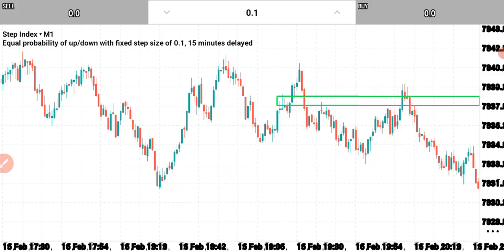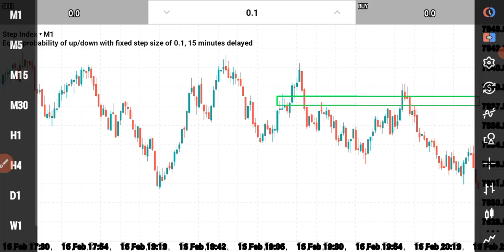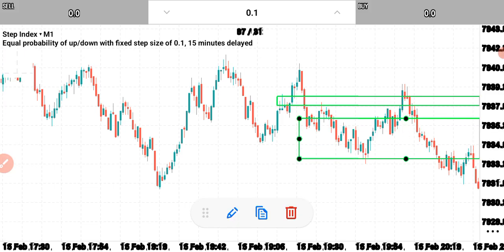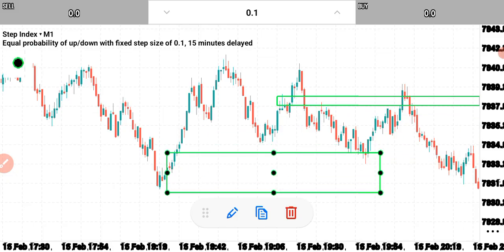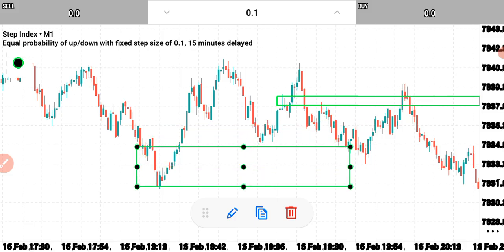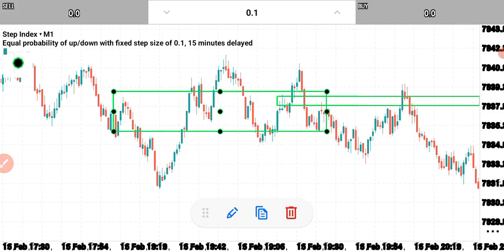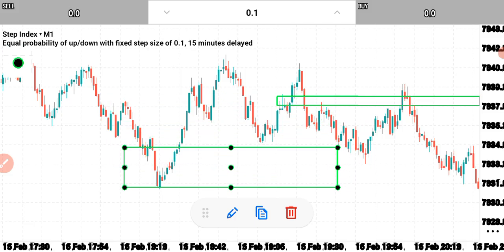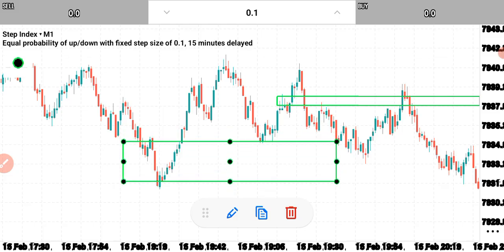Anything that works sideways is what I'm looking for. Let me make a duplicate copy of this so I use it elsewhere. Okay, so the green creates a structure, and then the red retraces it like it's going to go up, then it goes down.